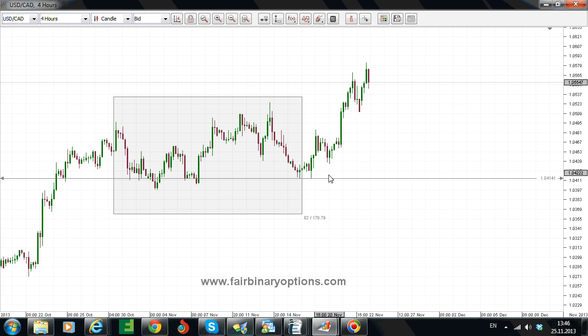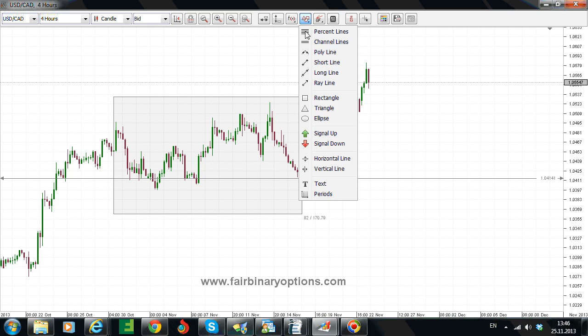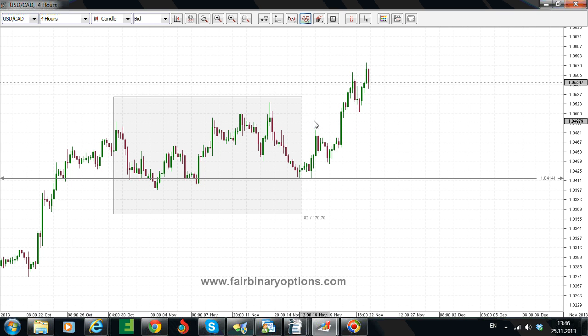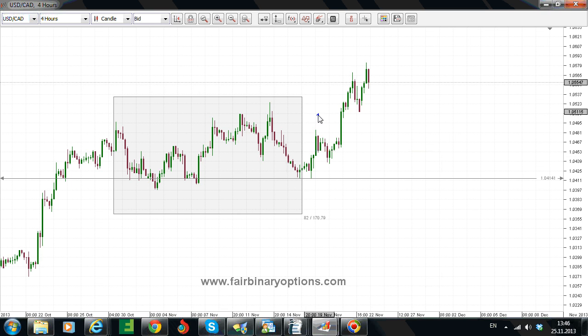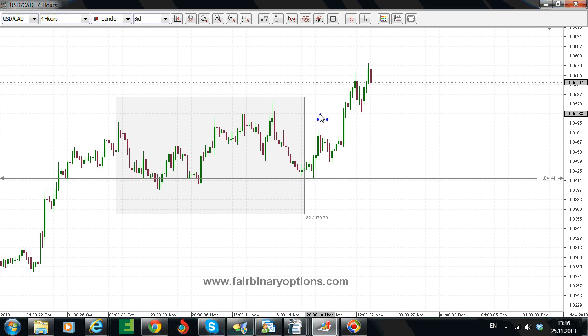So if this is not the third wave, then the only possible way for that to be a third wave is the following. This to be the first wave here, then the second wave, of course, to the downside in these lows here.